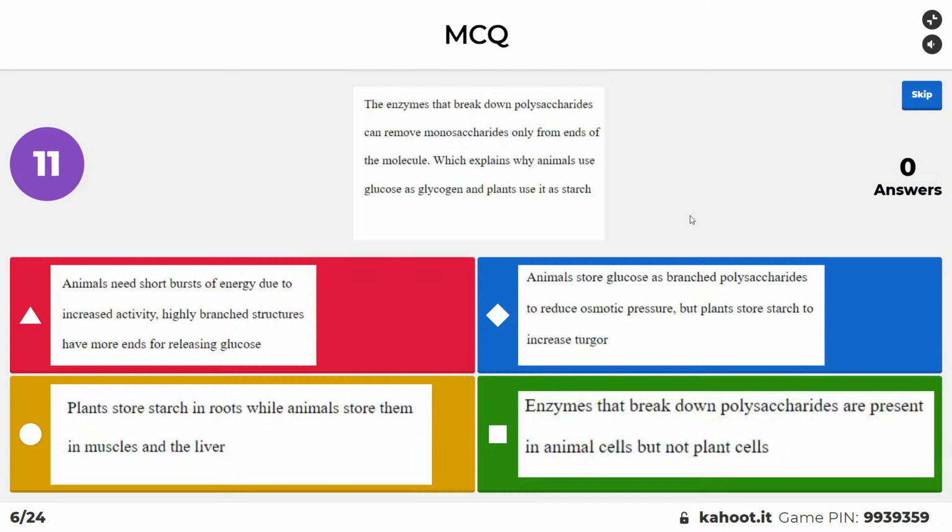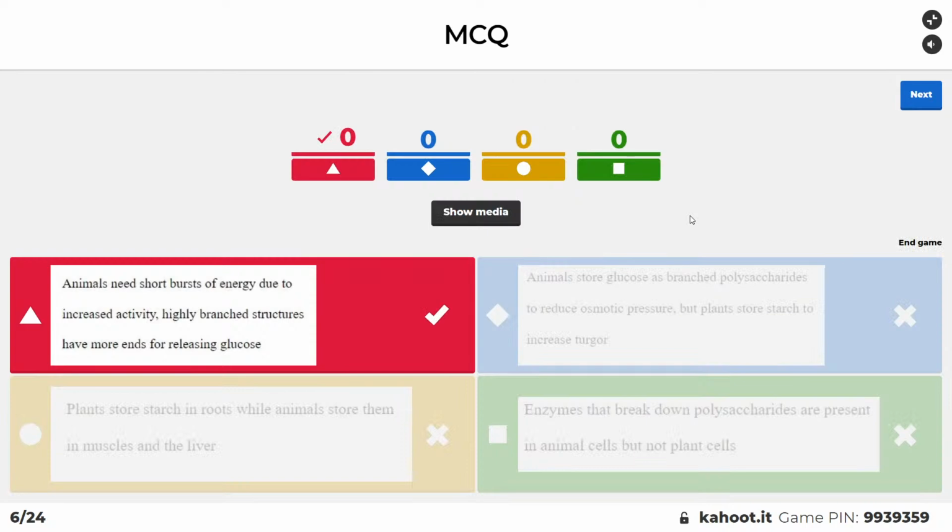In bio, a lot of the questions combine multiple concepts. If you just know one concept, you can get the answer. For this one, you need to know the structure and what purpose it serves for the organism.